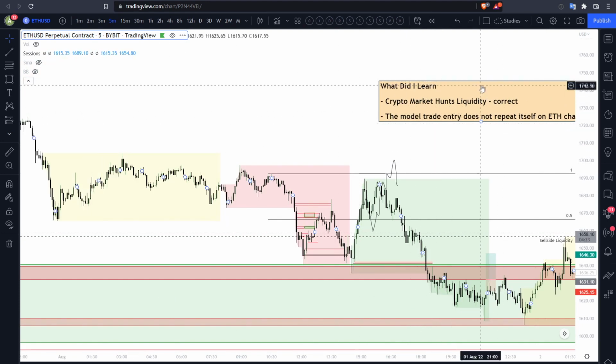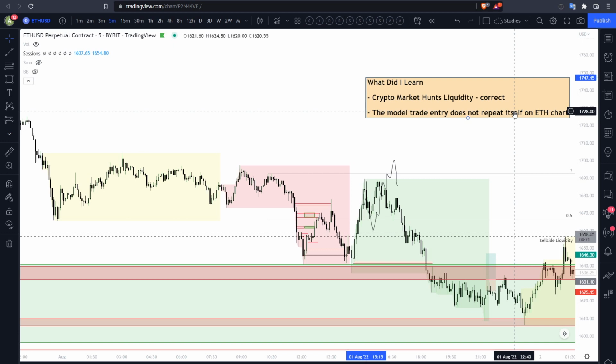So, a very interesting observation that ICT made in one of his videos is that if you know what to look for, then you can find it everywhere in the charts. But if you do not know what to look for, then you're simply dismissing the information presented to you in the chart.